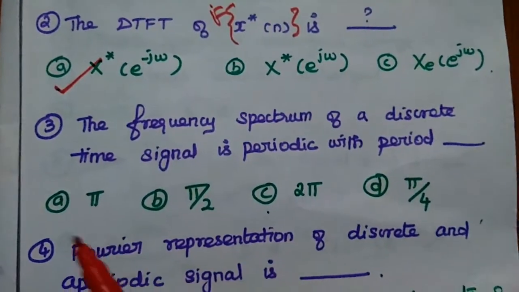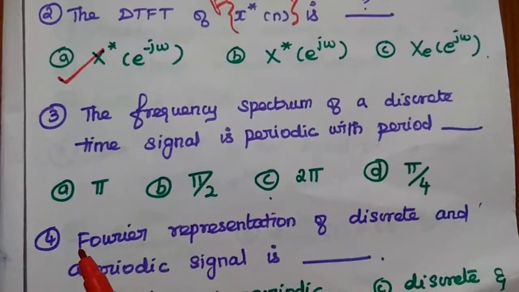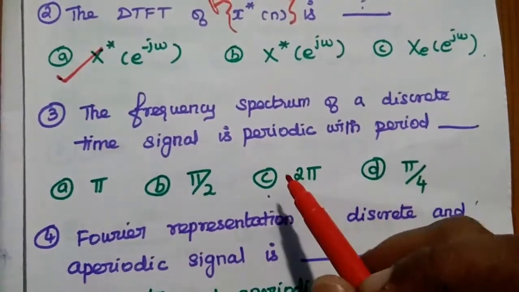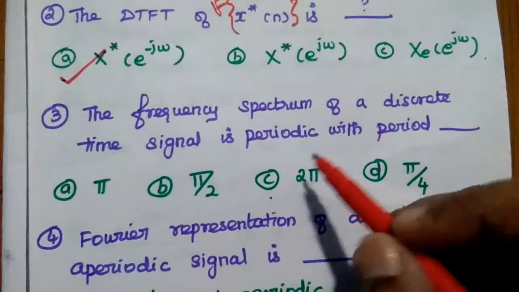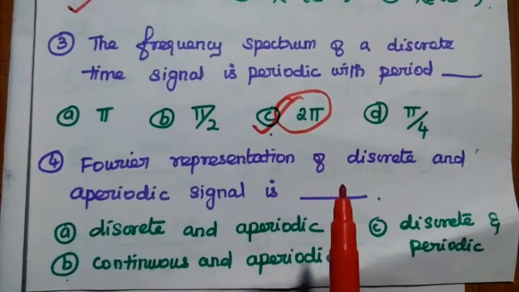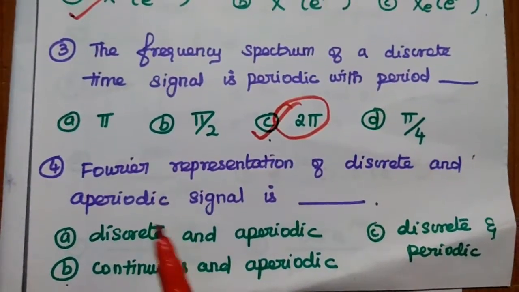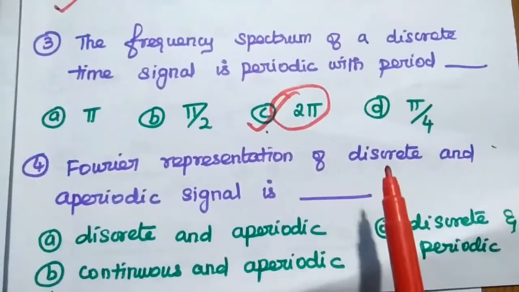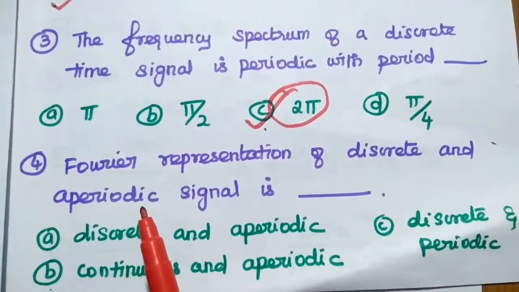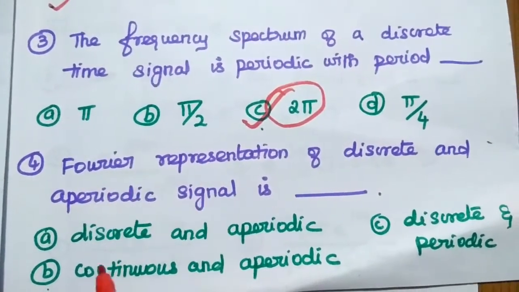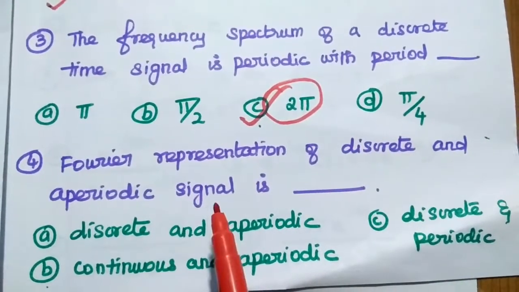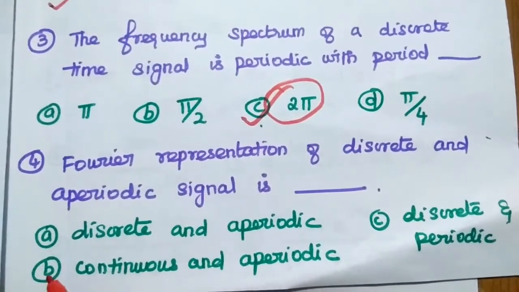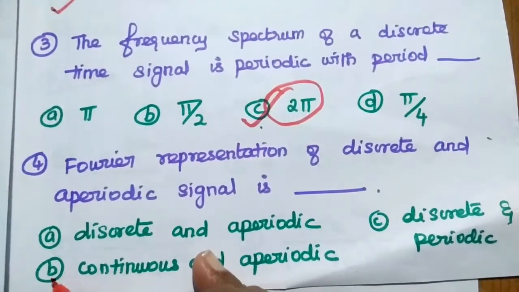The frequency spectrum of a discrete time signal is periodic with period 2 pi, I told you. For a discrete and aperiodic signal, the Fourier representation is always continuous. The Fourier transform is always continuous and periodic itself.